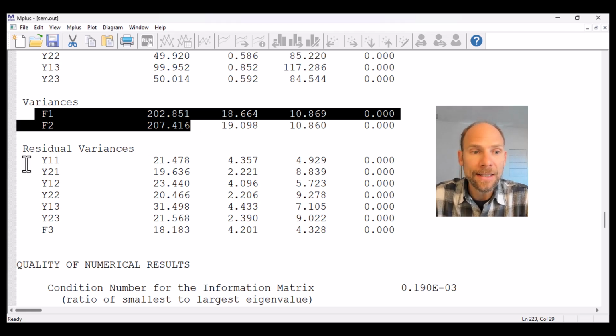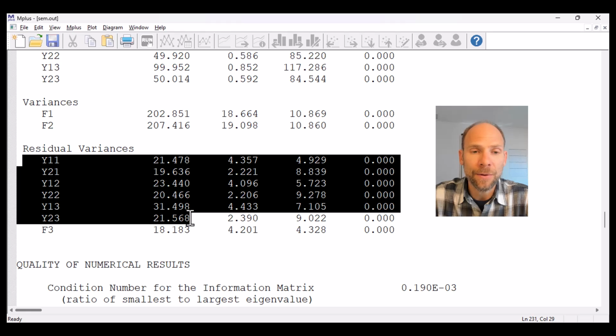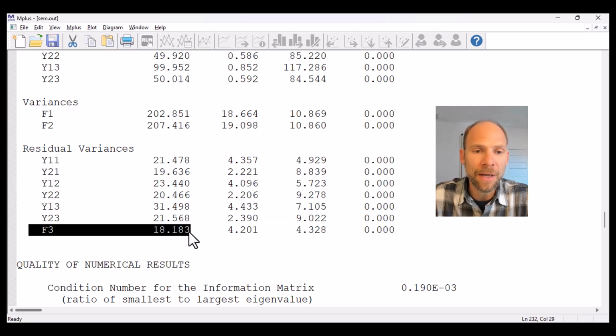And then next are the residual variances of the observed variable. So after accounting for the factors, the variance component that remains, that would be attributed to measurement error and or specific variance in each indicator. And for the endogenous variable, the dependent variable F3, we also get a residual variance, because the variance of F3 is a function in this model of F1 and F2.